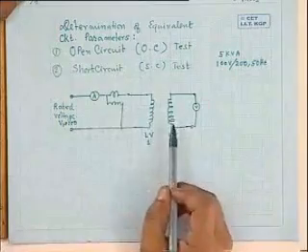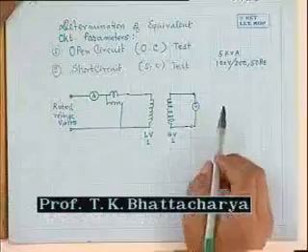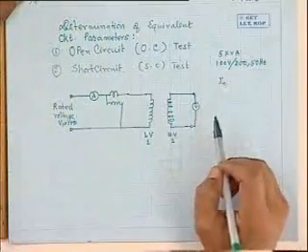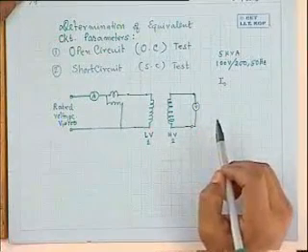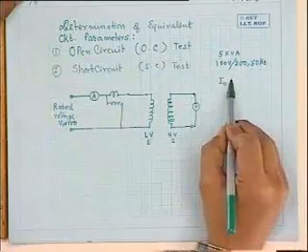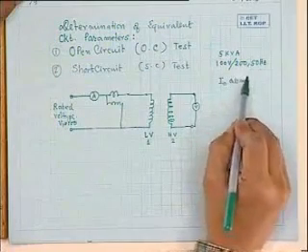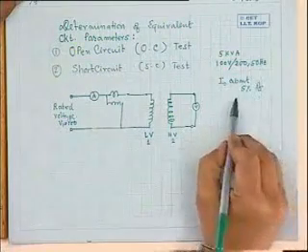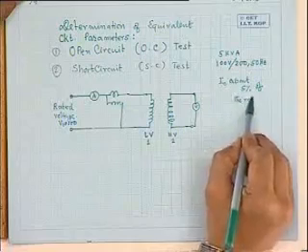The current drawn under this condition will be only very small. Of course, very small has got no meaning unless we specify it in terms of some other quantities. Generally, the no load current, which is denoted by I naught and comprises of magnetizing current and core loss component of current, the magnitude of that is about 5% of the rated current of that side.